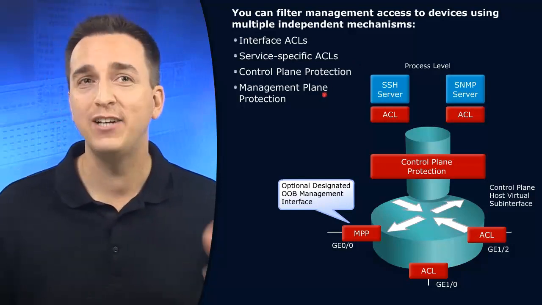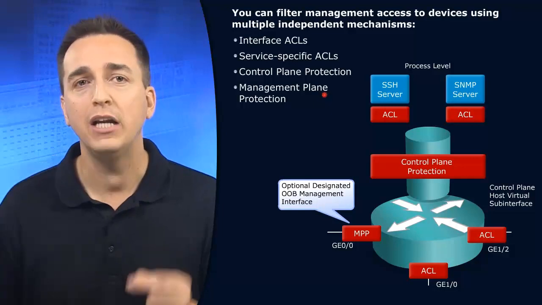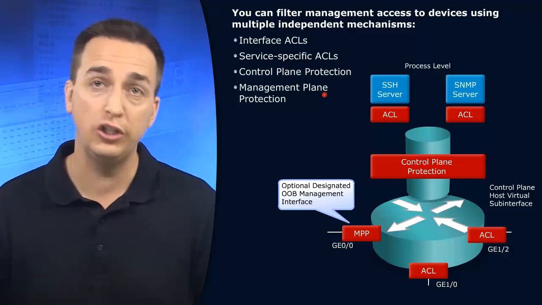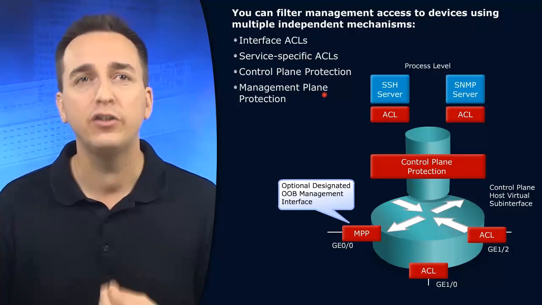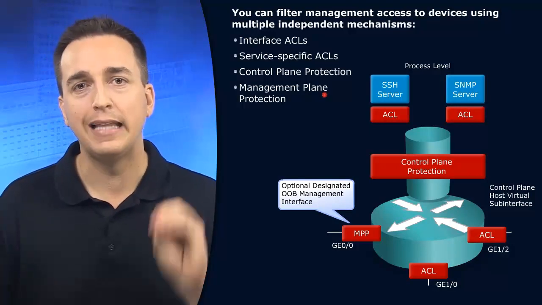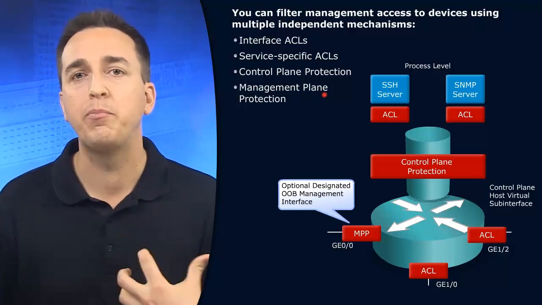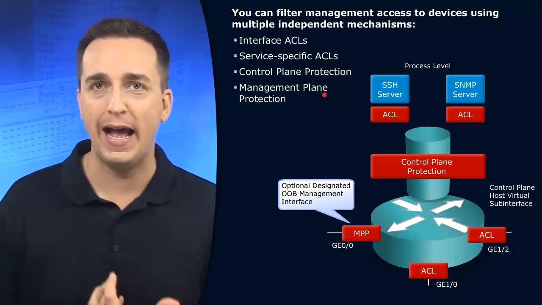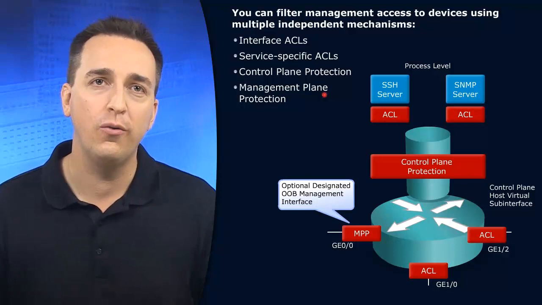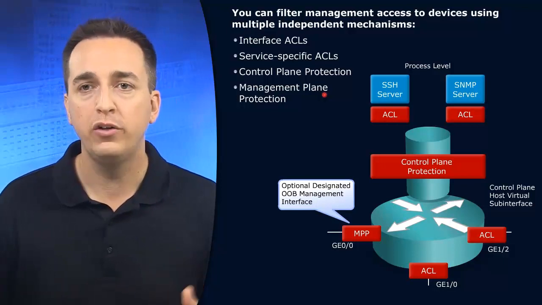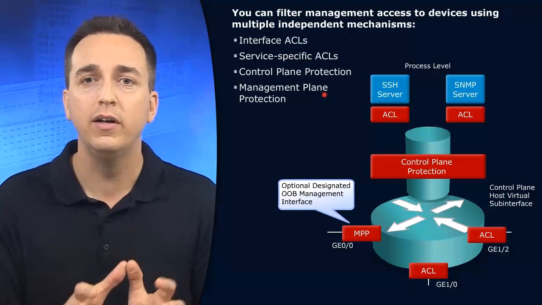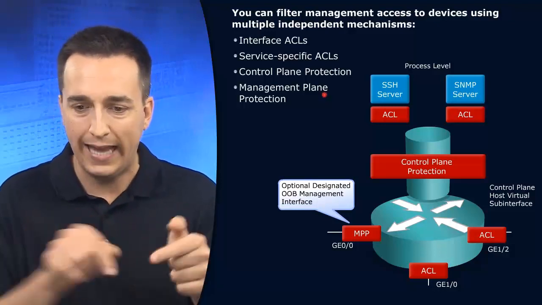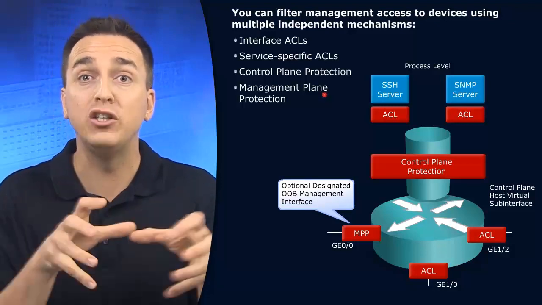We also have management plane protection. And what management plane protection allows us to do is it allows us to restrict the interfaces that are allowed to accept those management packets. And by doing so, we have the ability to control at a more granular level, a finer level, as to what interfaces can be used for management access.